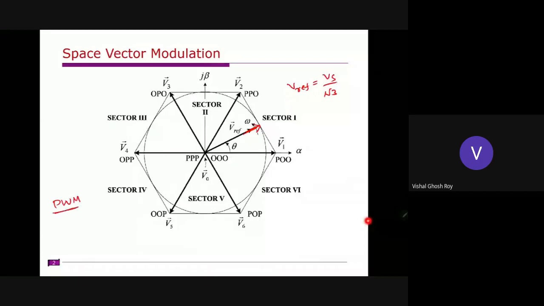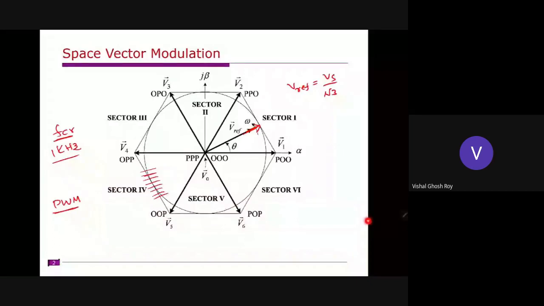What we have to do is obtain this magnitude. We will divide this circle into several samples. Here the number of samples is equal to the number of carriers in the sine PWM technique.